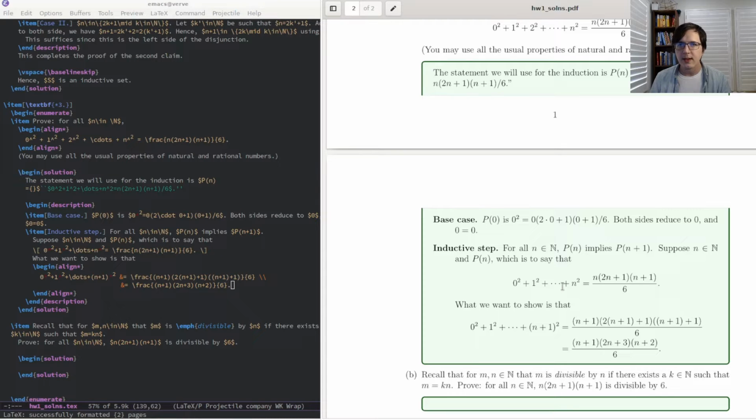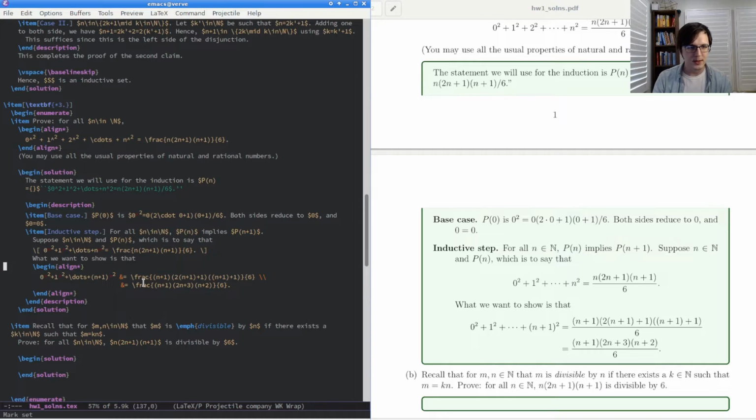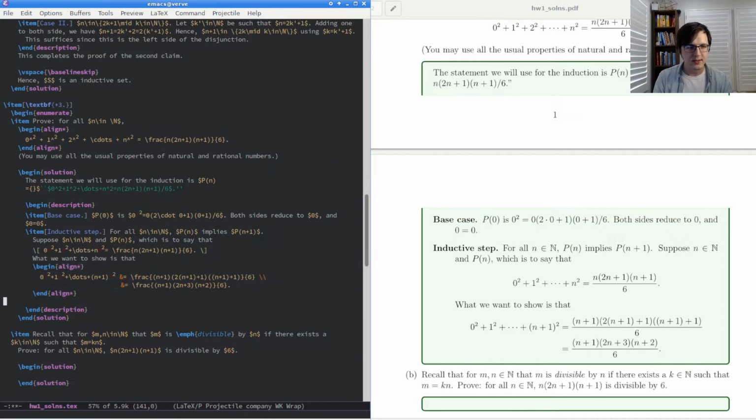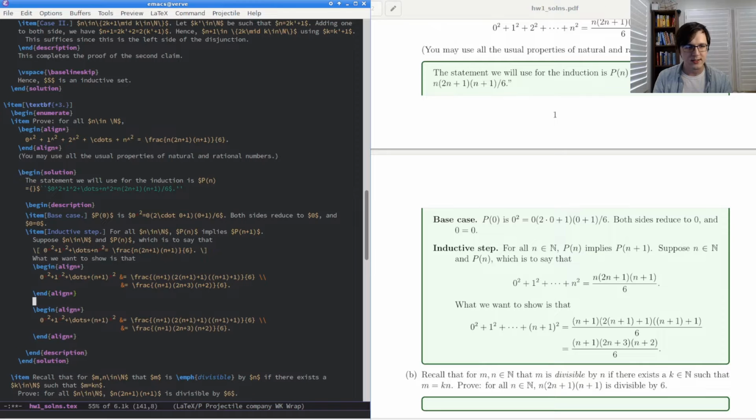So really all we need to do is somehow use this assumption to prove the conclusion. And maybe the most obvious thing we could try is that this is a sum of the first n plus 1 numbers, so we should be able to reassociate. Let's see, so hence, let's include n squared in there.